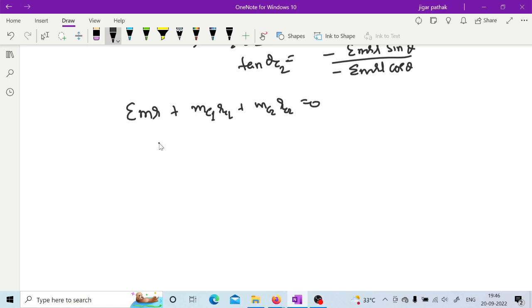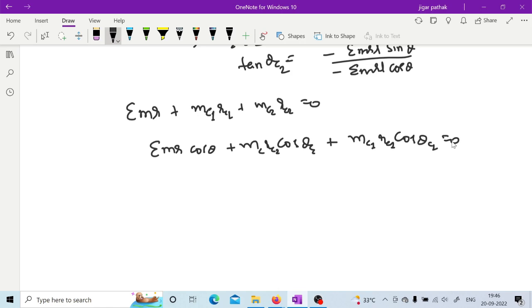This one again you can solve similarly by sigma mr cos theta plus MC2 RC2 cos theta C2 plus MC1 RC1 cos theta C1 is equal to 0, and sigma mr sin theta plus MC2 RC2 sin theta C2 plus MC1 RC1 sin theta C1 equal to 0.